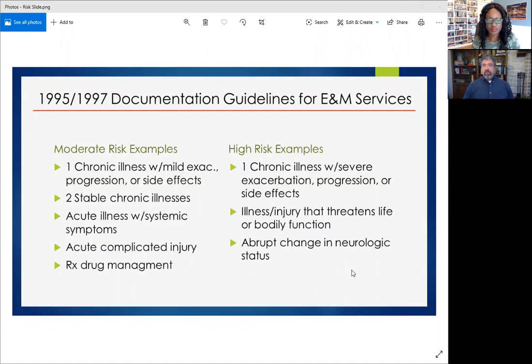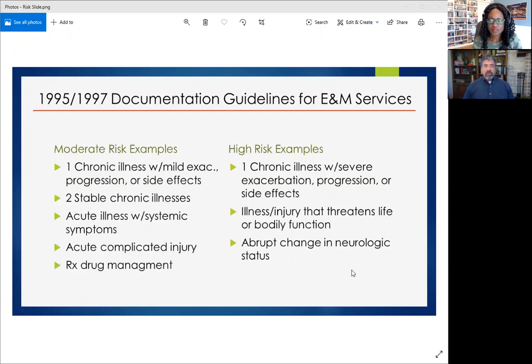If they have 2 stable chronic illnesses, which every adult doctor I've ever seen has patients with, automatically that's a moderate level of risk, no matter what else you do. But again, if they have an acute illness with systemic symptoms or a complicated illness or injury, or if you do prescription drug management, which means making a change on any of their prescription drugs, or starting a drug like, this person needs amoxicillin, all those immediately get you to moderate risk. It's very easy to get to.